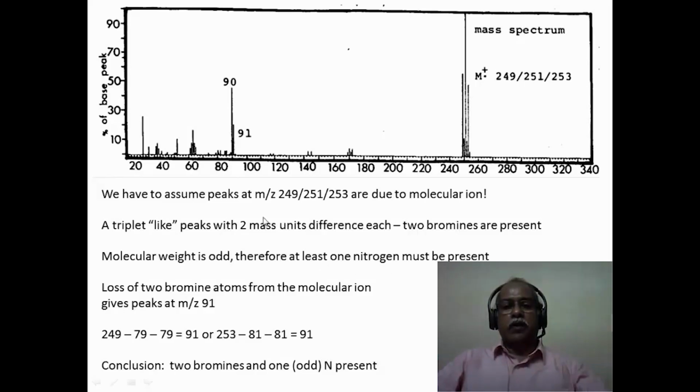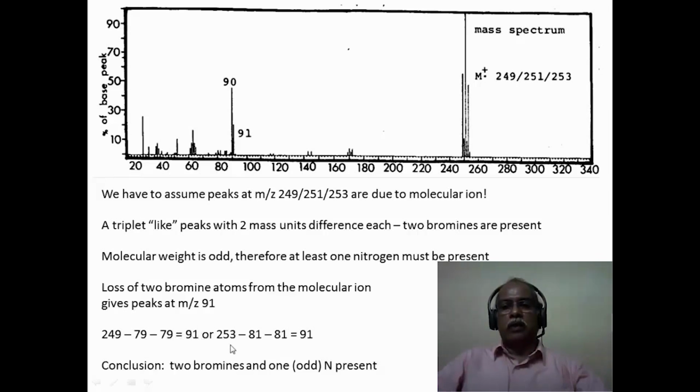In addition to that, you also look at the molecular fragmentation. The molecule fragments by losing 2 bromines, one after the other, to give 91 as the fragment peak here. In other words, 249 minus 79 minus 79, which is a loss of 2 bromine units, corresponds to 91.